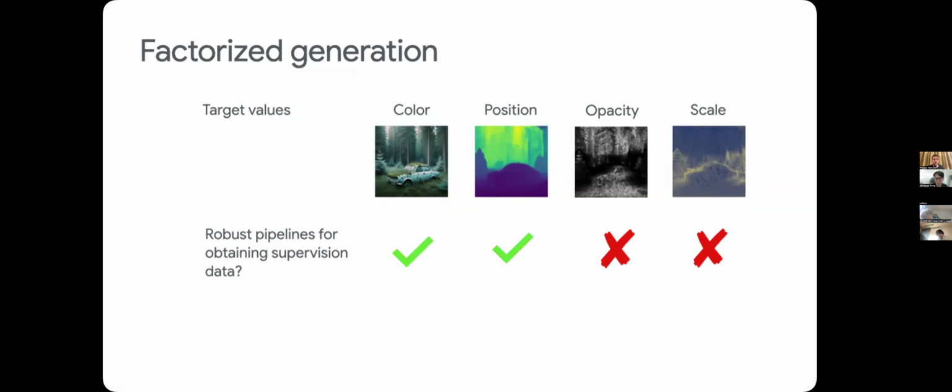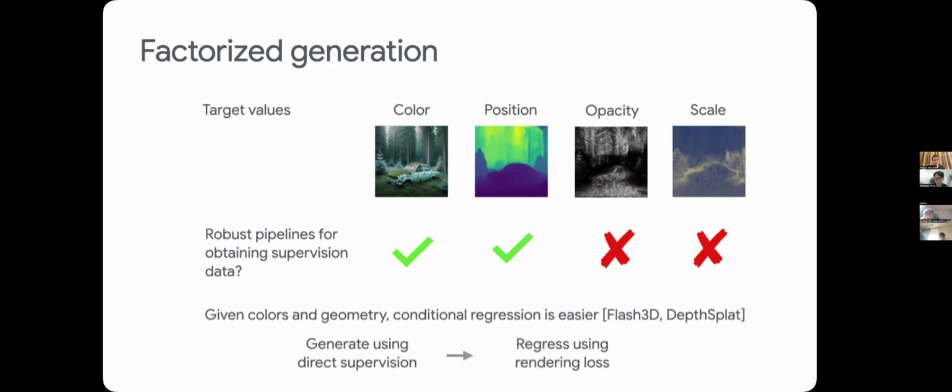However, it's not actually trivial to obtain good quality supervision for opacities and scales of per-pixel Gaussians. So it's not easy to train a diffusion model to output them. On top of that, a recent work showed that given colors and position information, it's much easier to regress opacities and scales than to generate them. And this explains our design choice to first train a generative model of RGB and XYZ, which is then followed by regressing the remaining properties.